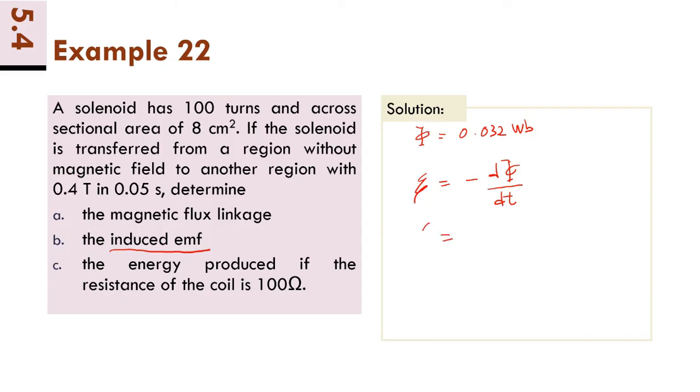So EMF equals negative 0.032 divided by dt, the change in time. Given that the time is 0.05, we will get the back EMF of negative 0.64 volt. This is the answer.